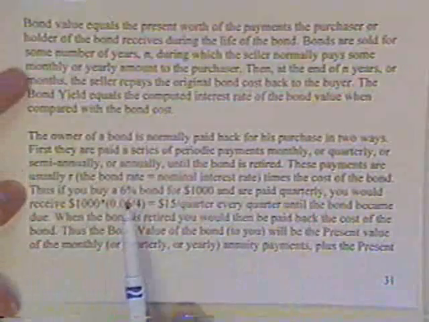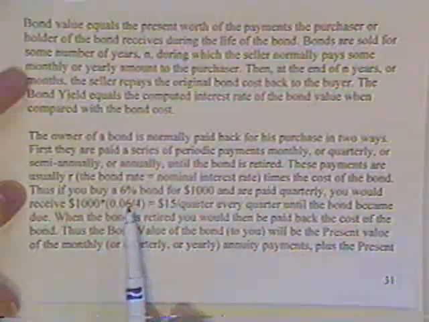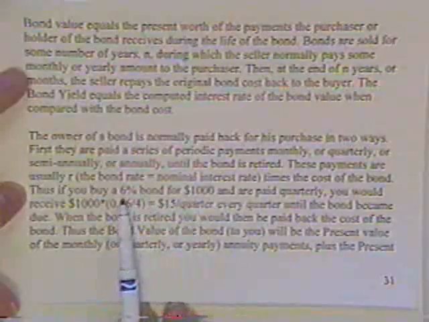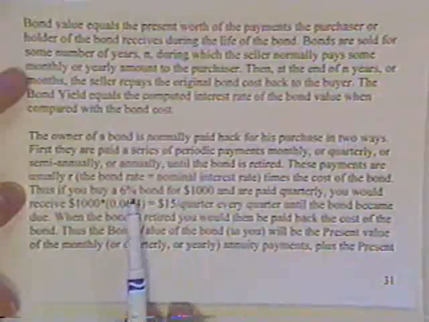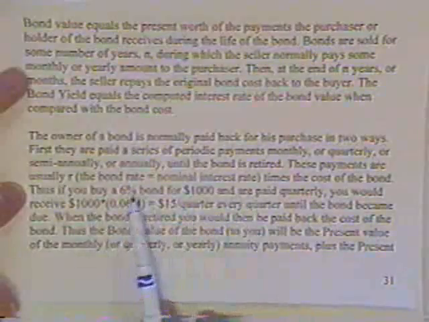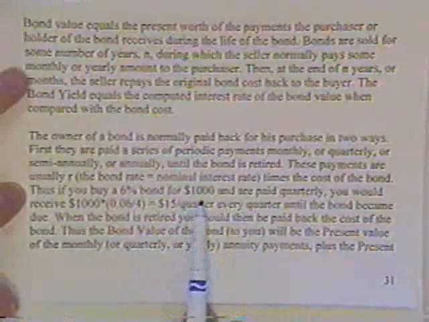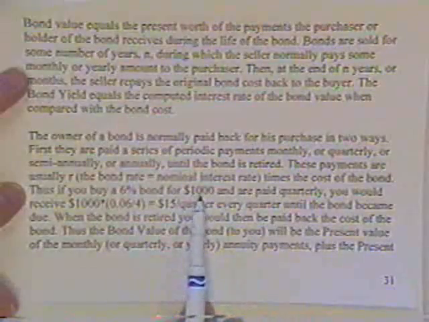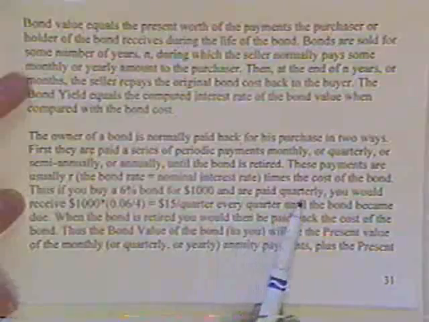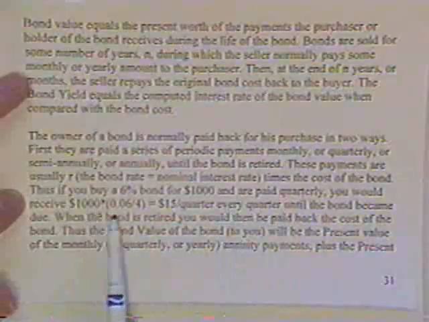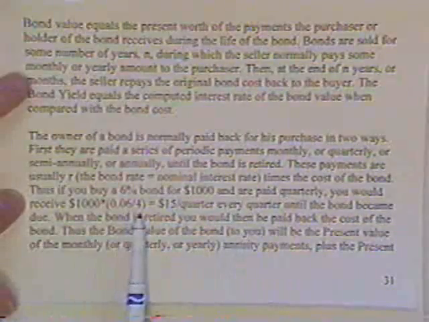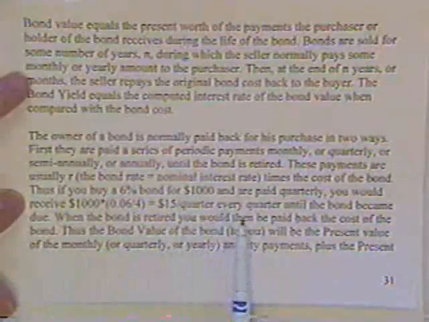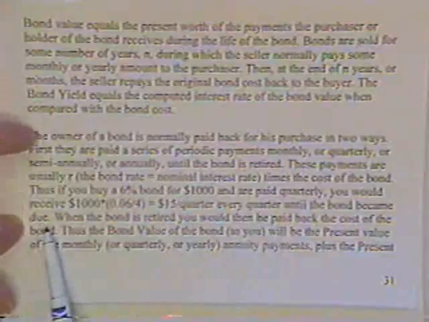Usually they say, look, you buy this bond for $1,000, and I'll give you 6% interest on it. And so each year he would give you 6% of $1,000 until the bond is due to be retired. If you're paid quarterly, then he would divide 6% by 4 and give you $15 each quarter, every quarter, until the bond was due.